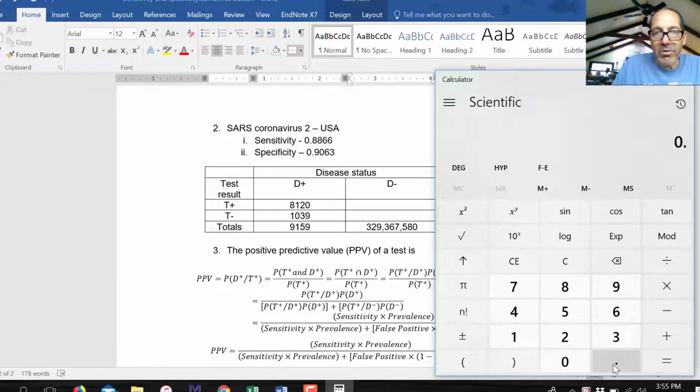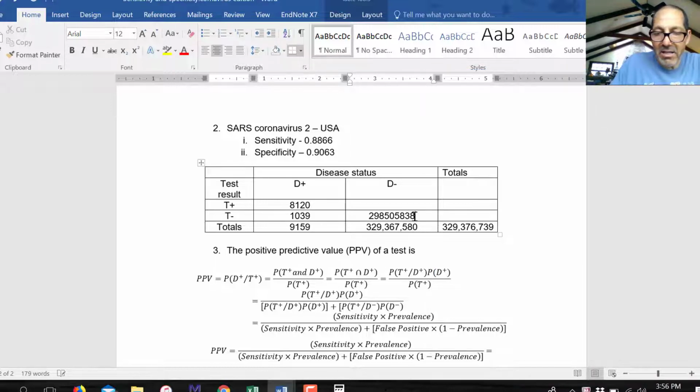So we've got 0.9 0.063 times this ginormous population number here, 329,367,580, and we get, wow, that's a big number, 838. All right, so there you go. So this is here the false positives, because these people do not have the disease, but they end up testing positive.